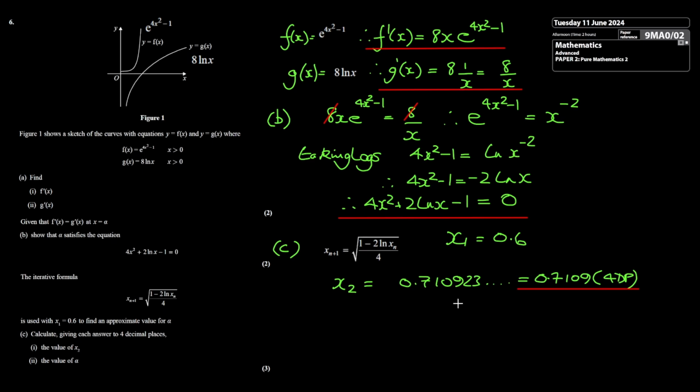If you've set this up in the usual way in your calculator, you can just push equals, equals, equals, equals, and you'll find that the display settles on the root value, alpha is equal to 0.6707, which is also to 4 decimal places, and that's the answer to part C.